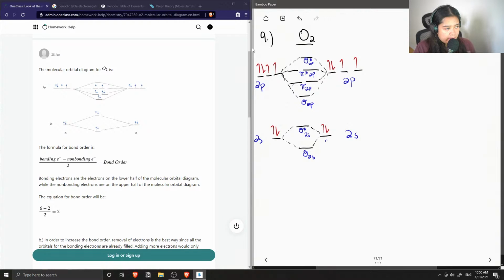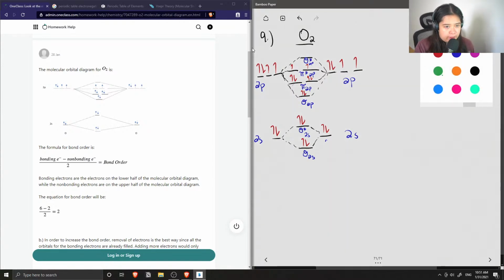And in the middle, we can show how they bond together. So these 4 electrons can fit in here. And now we have the remaining 8 electrons to fit in the middle right here. So 1, 2, 3, 4, 5, 6, 7, 8.